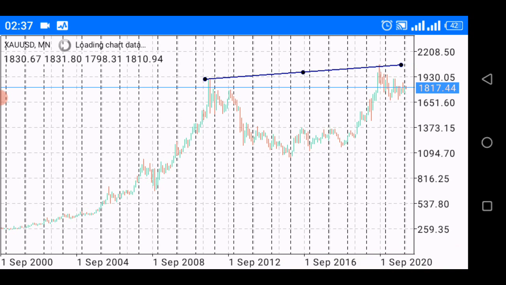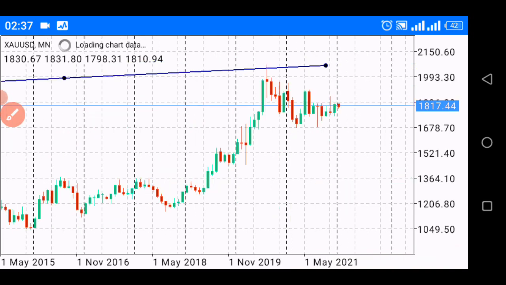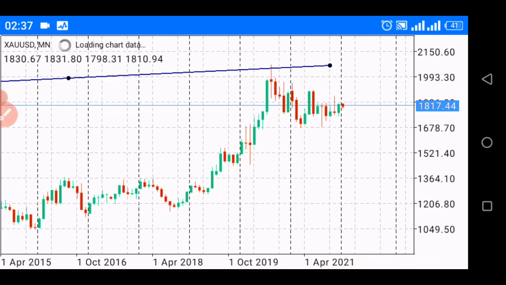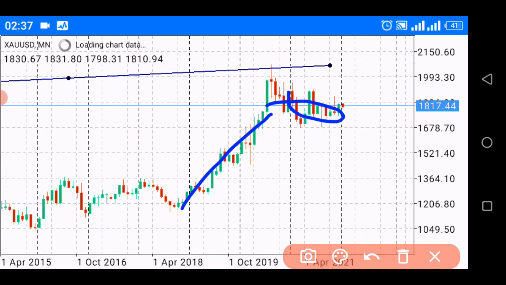Now we are going to analyze this little corrective movement here. You see the combination of these movements gives us a cup pattern, but we are going to look at this movement here. Why are we looking at it?